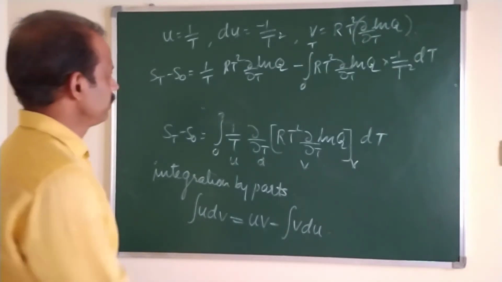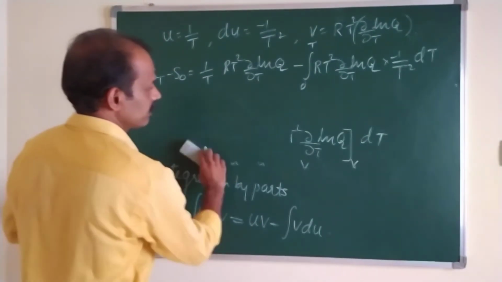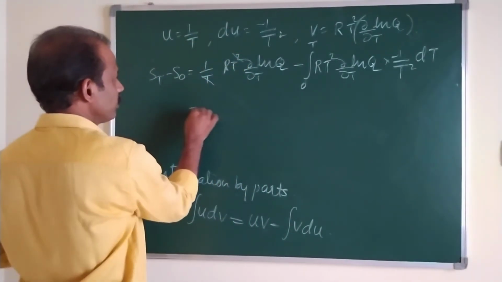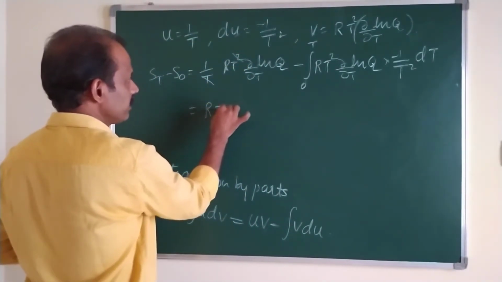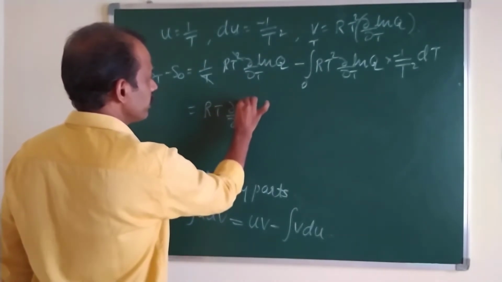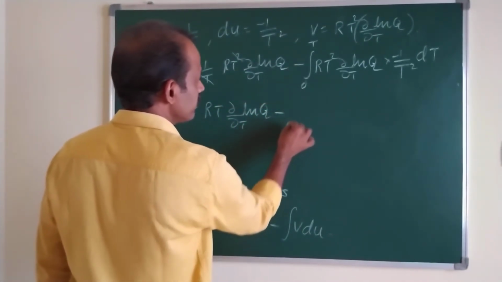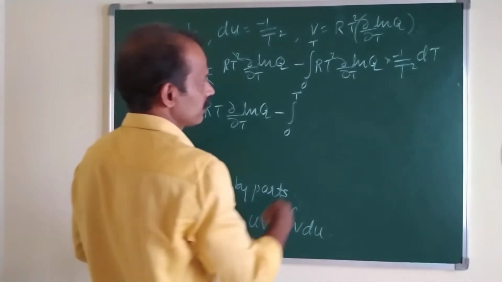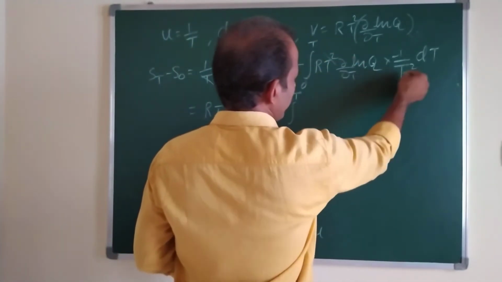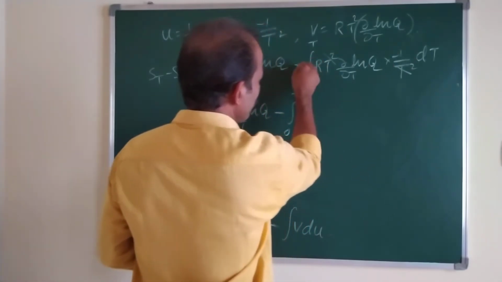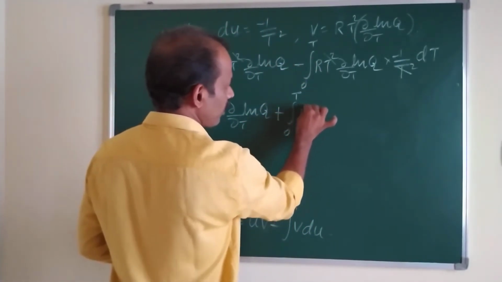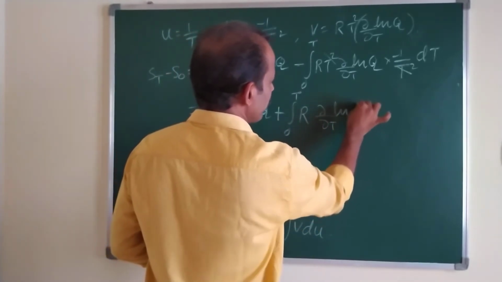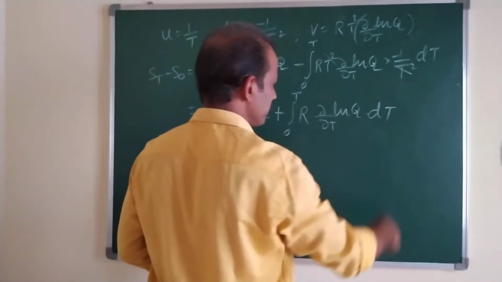Right? Then this T and T give RT ∂/∂T ln Q, minus the integral from 0 to T, T² and T² cancel, minus 1 into minus is plus, only R is here, ∂/∂T ln Q into dT.